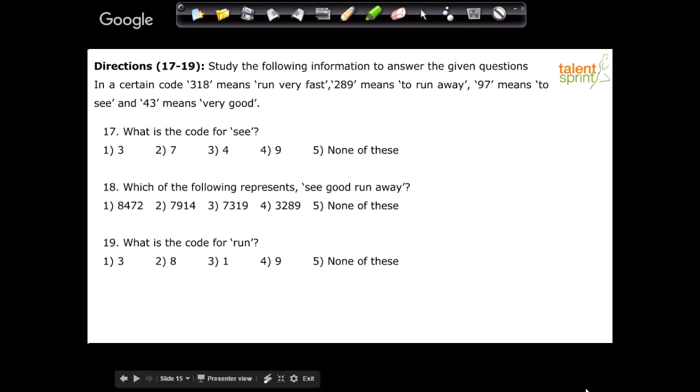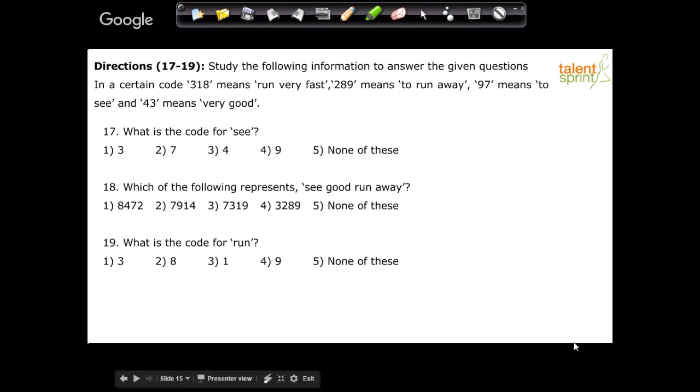Great. Okay. Study the following information to answer the questions. This is a classic question of coding and decoding. So we know a certain code 318 means run very fast, 289 means to run away, 97 means to see, 43 means very good.